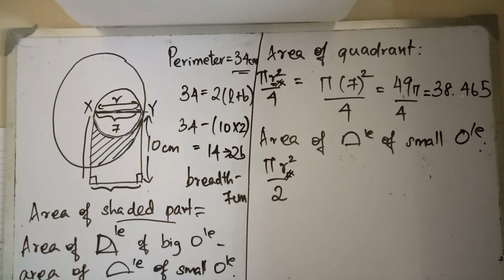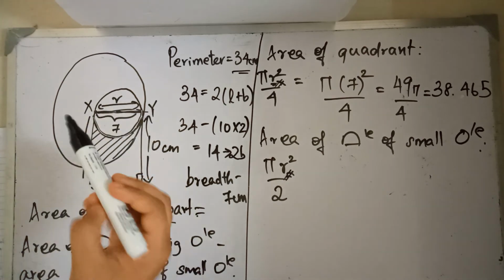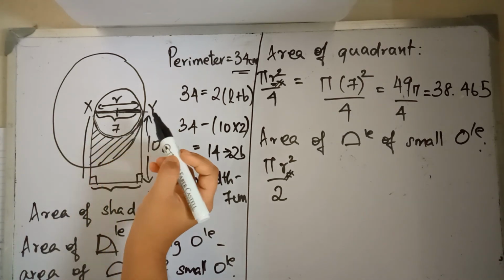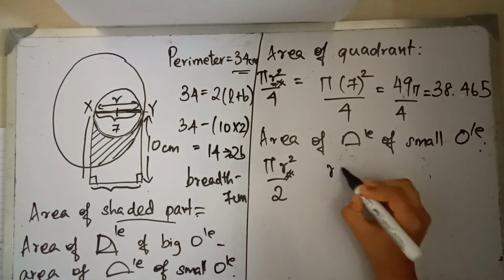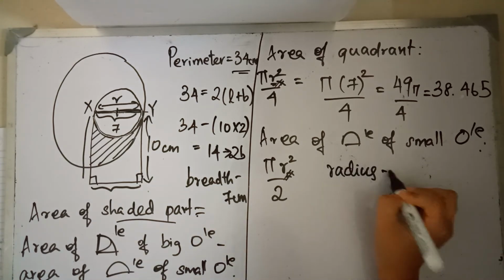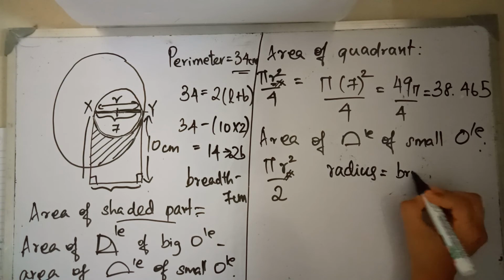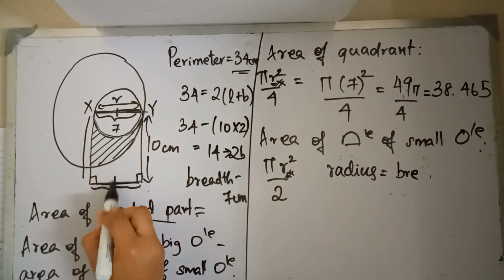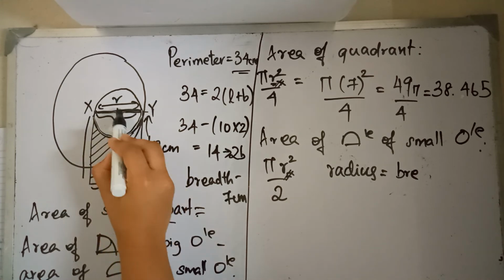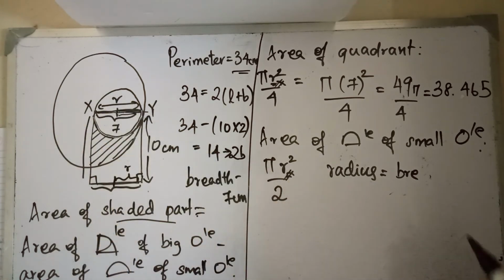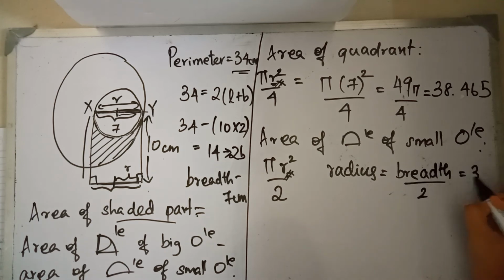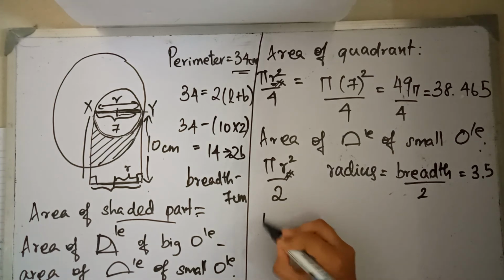Radius of the small circle is different. What is it? It will be half of the breadth, because this is the breadth totally. Breadth by 2 gives 3.5, because it's 7 by 2.